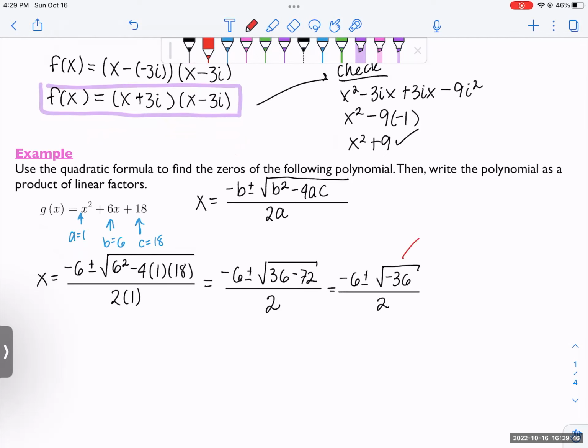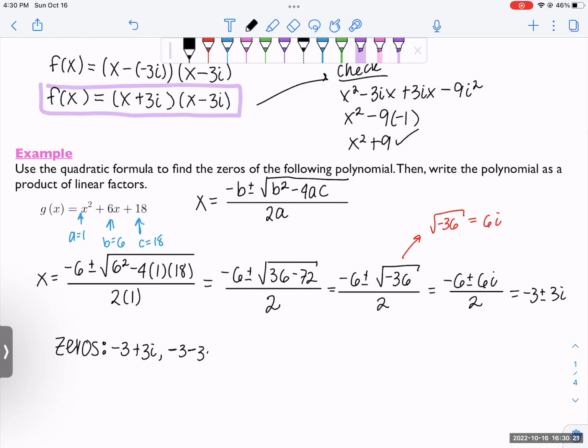The square root of -36 is going to be 6i. -6 plus or minus 6i divided by 2. If you divide everything in the numerator by 2, you get -3 plus or minus 3i as your zeros of the polynomial. So one of them is -3 plus 3i. The other one is -3 minus 3i.